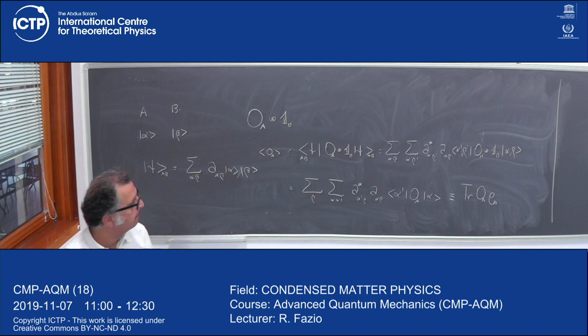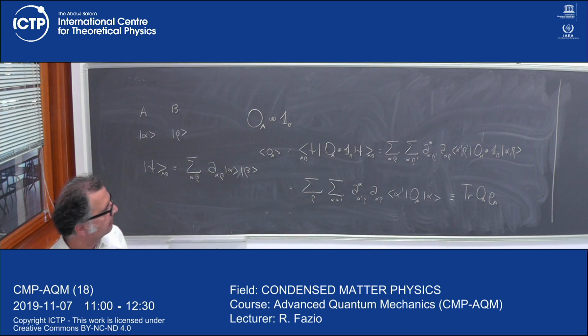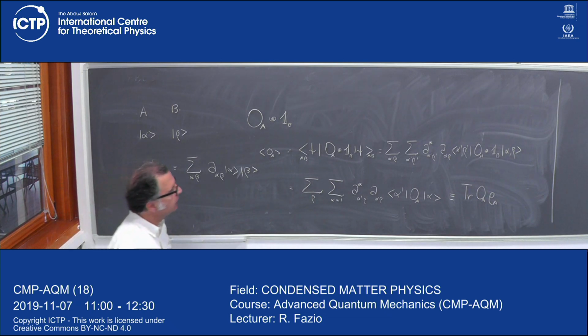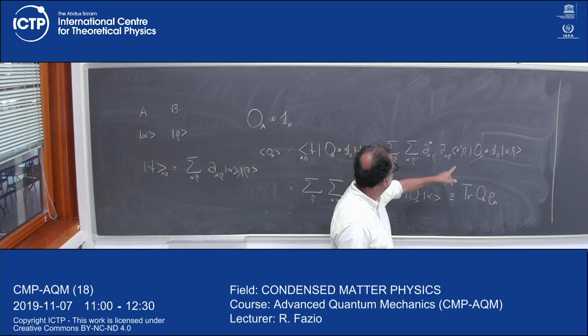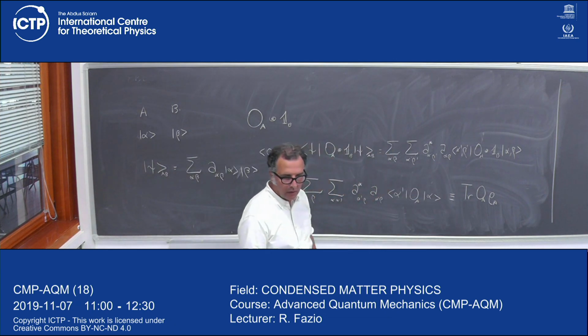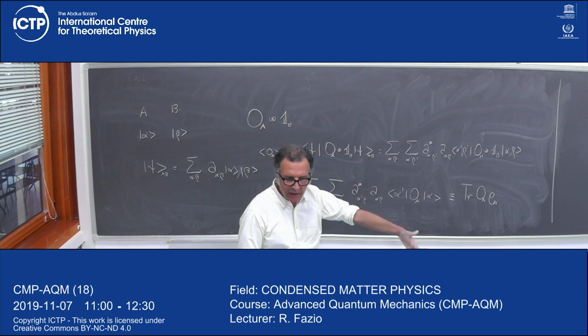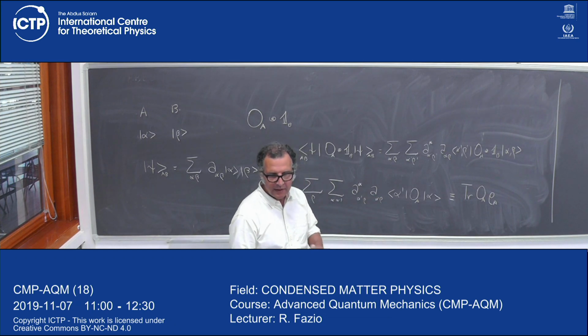Doesn't the index of a complex conjugate have to be reversed? No, it's the same as here. Alpha prime. It has to be beta prime. No, this is alpha prime, alpha. So beta refers to the system B and alpha refers to the system A. They should not be confused.